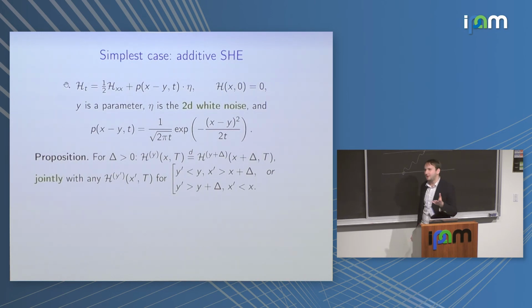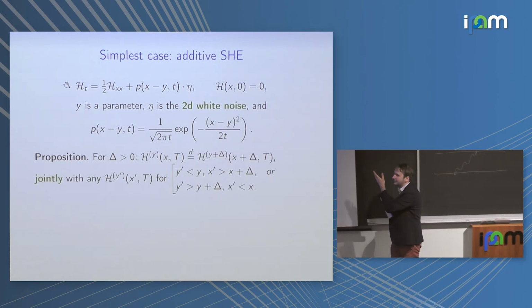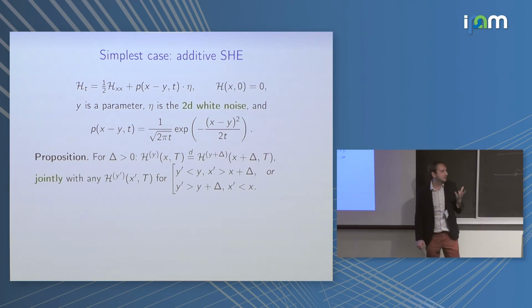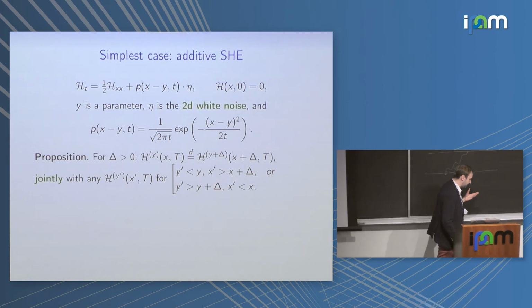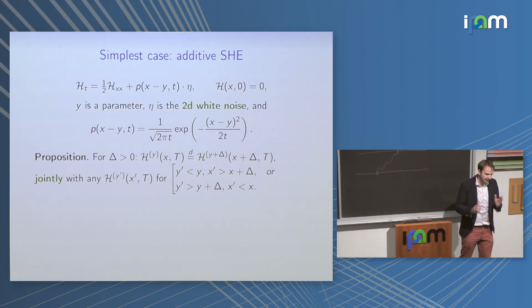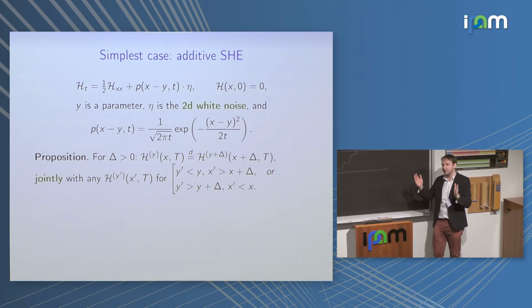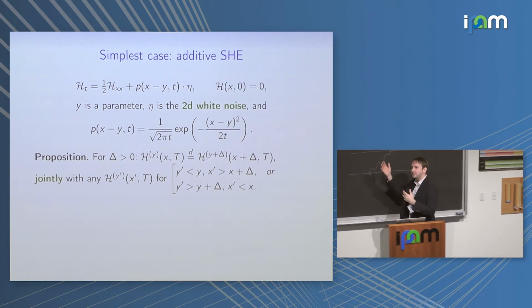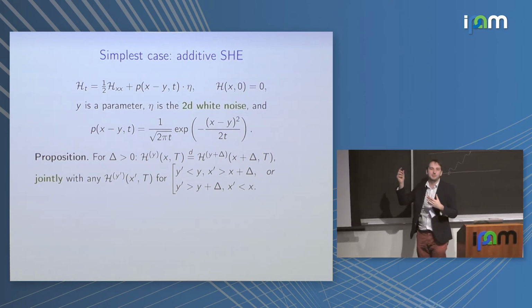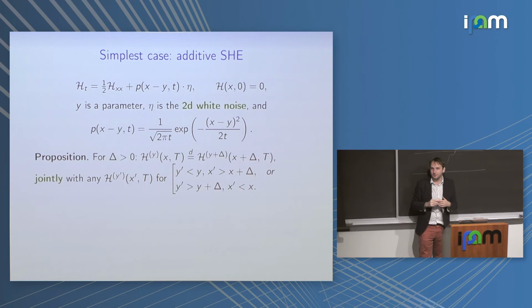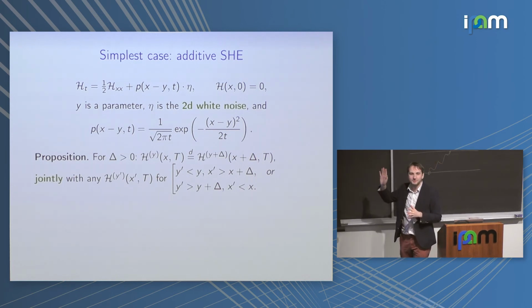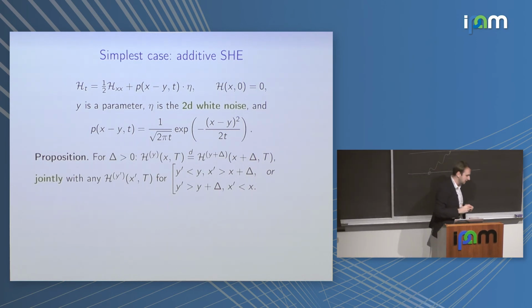So you might be wondering, what's the origin of this thing? How did it appear? There are two ways to arrive at it. One way is to start from the KPZ equation, and instead of looking at the large time limit, you can look into the small time limit of the KPZ equation. That turns out to be the Gaussian object, so there's a simplification in the small time.